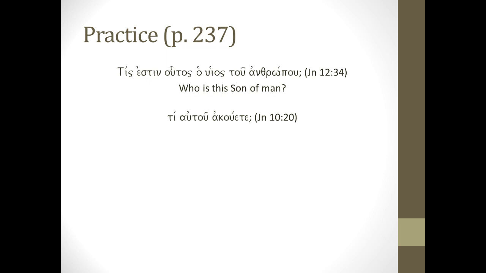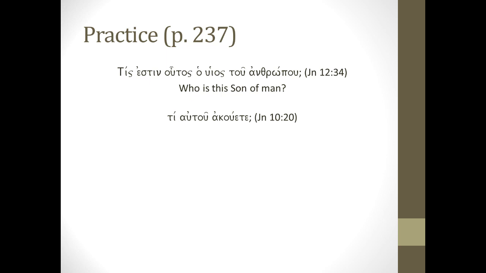And so this is asking either a who, a what, or a why. The fact that it is the ti, when I look at my paradigm, you can look at yours if you like on page 235, I know that it's in the neuter. So therefore, it's not asking a question of who, because it's in the neuter, but it's actually asking a question of what or why.